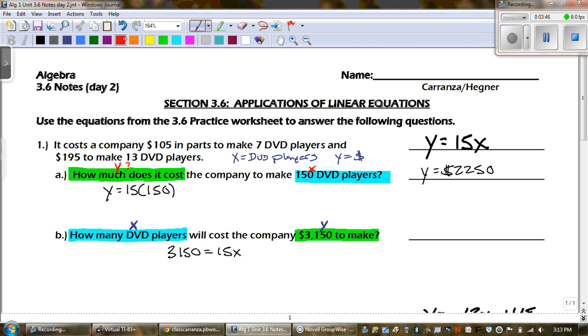Well, how do you solve for x? You divide by 15, divide by 15, and we get that x equals 210. 210 what? Chickens? Burritos? No. DVD players. Okay? Don't forget to label.